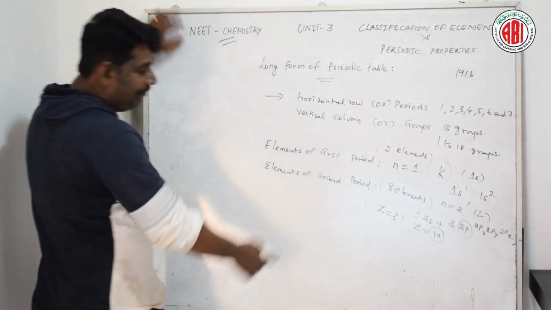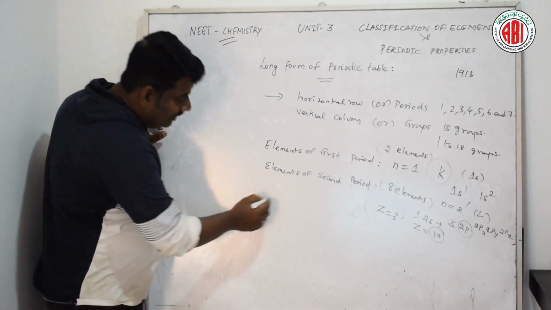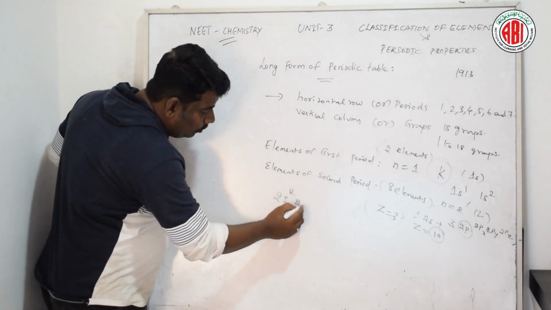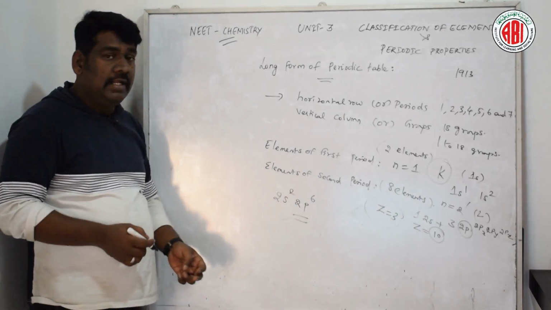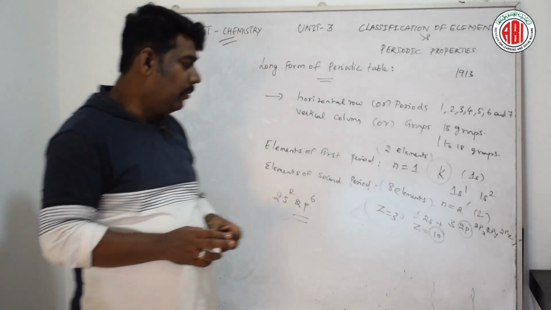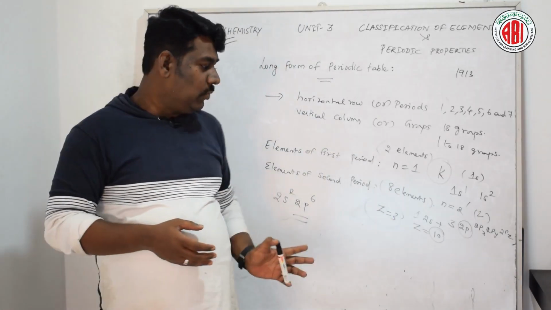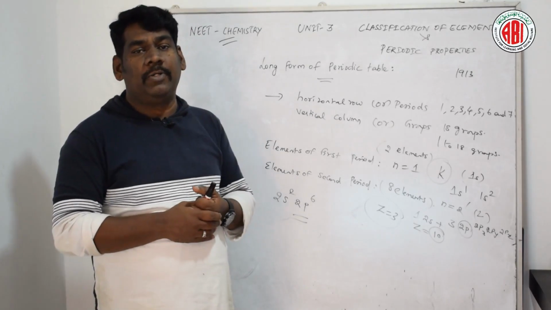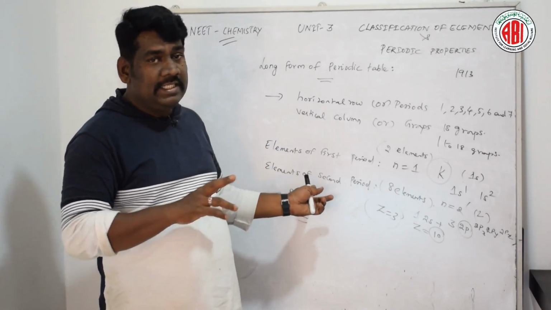There we can write the electronic configuration for neon, that is 2s2 2p6. So there are 6 plus 2, overall 8 electrons possible. According to that, 8 elements are possible in this particular period. Okay, so this is about the elements present in the second period.